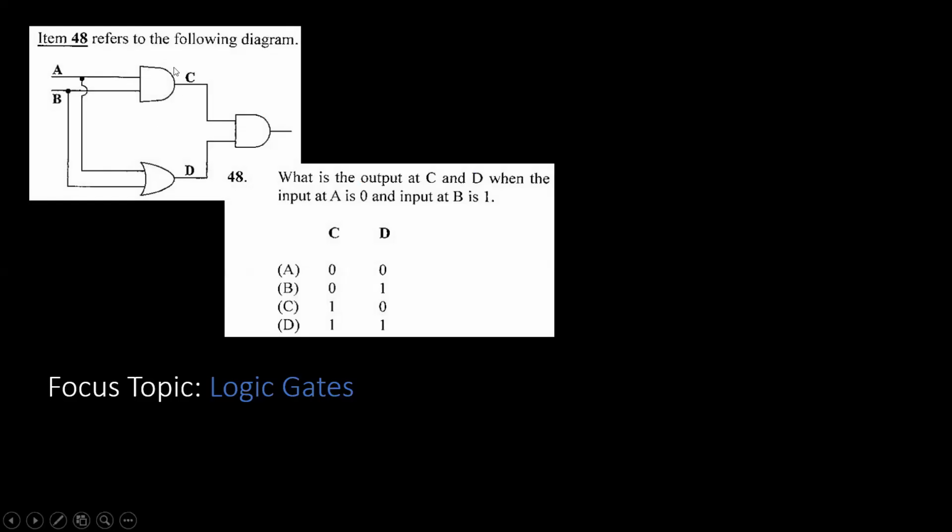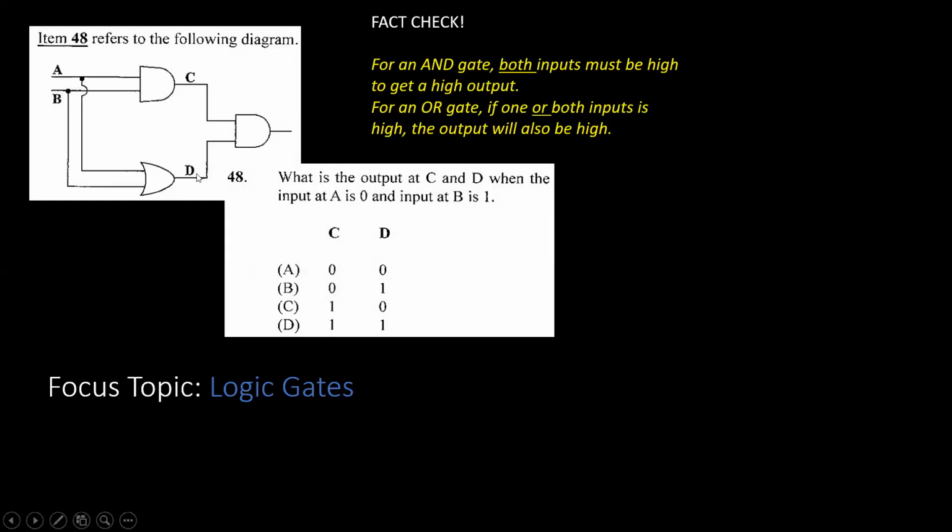This gate here is an AND gate, so both A and B have to be high for you to get a high at C. While here we have an OR gate, and once we have a high input, then we should get a high output at D. So it means that if A is 0, then C would be 0. If A is 0 and B is 1, C would be 0, but D would be 1. And so your answer should be B.